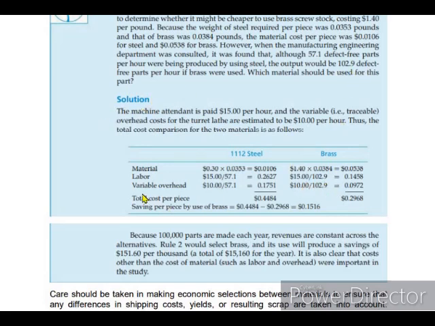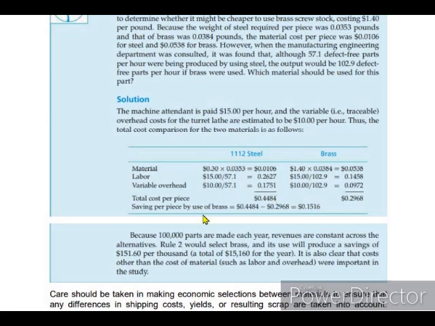Okay, so next, the variable overhead, $10 per hour, is divided also by the parts. So it is important to divide the cost by the total number of parts because we are considering the cost per part here.